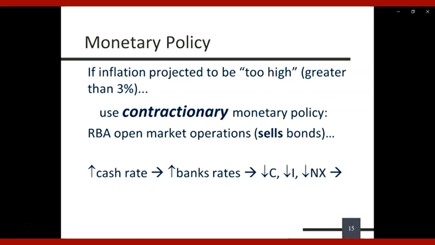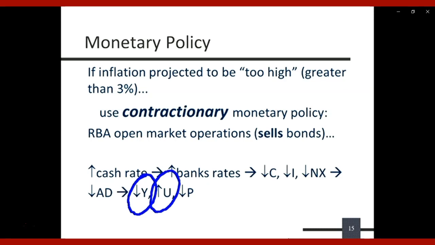And net exports start to fall, as the exchange rate, the value of the Australian dollar, starts to rise. Because C plus I plus NX have all fallen, overall aggregate demand will tend to have fallen. If aggregate demand falls, then businesses cut back on production. GDP falls.